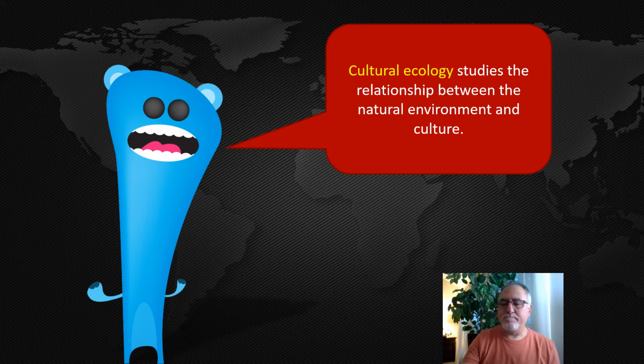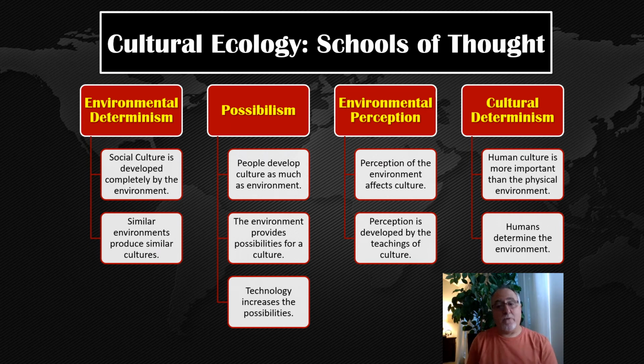All right, moving on. Again, there are four schools of thought, and some of these terms have been mentioned before. Environmental determinism, we've spoken of before. Possibilism, or environmental possibilism, if your vocabulary has it that way. Environmental perception, and then cultural determinism. If you take a second and look at them, just pause it right here, take a second, look at them, and then tell me in comments what is different.